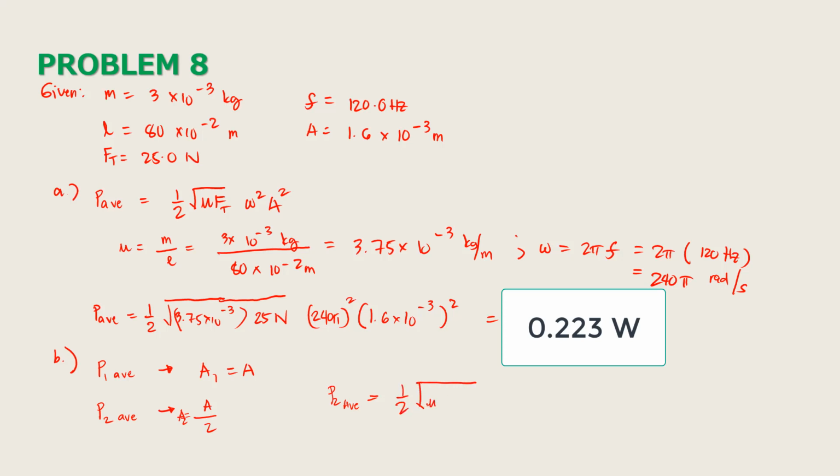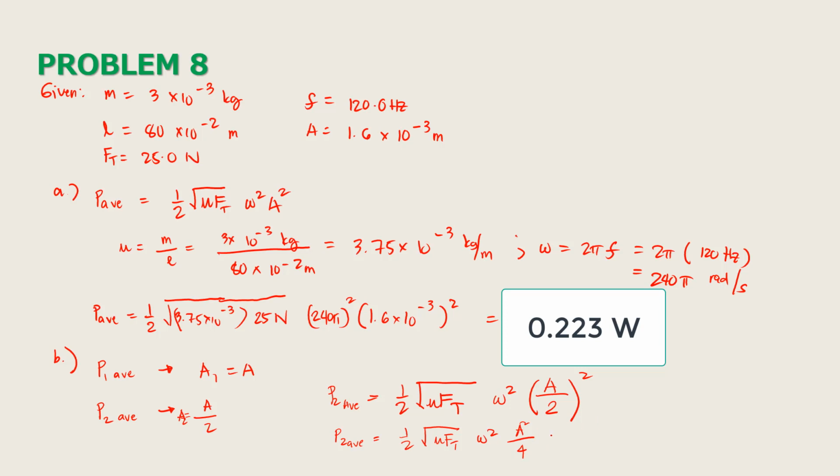Say for example, we still have the same value of mu and F as well as omega, and 1/2 of the original amplitude this time. So we have P2 average is equal to 1/2 multiplied by mu times F sub T omega squared, and then this one is A squared over 4.